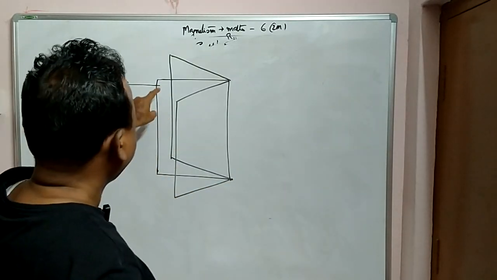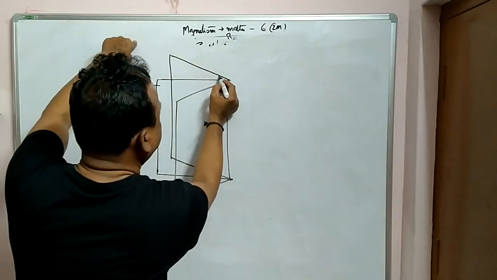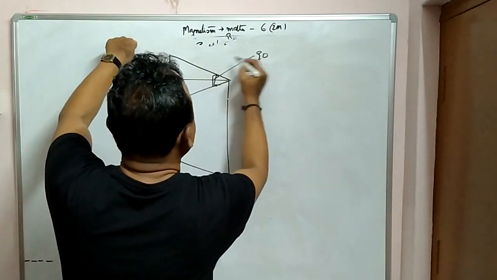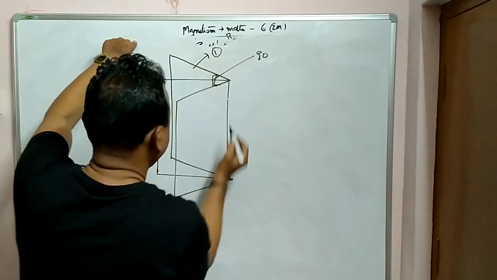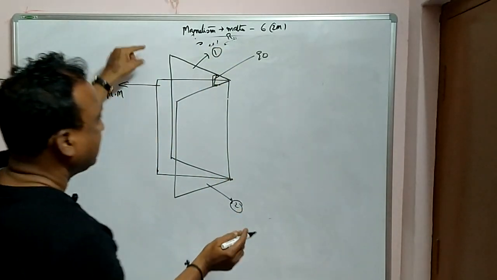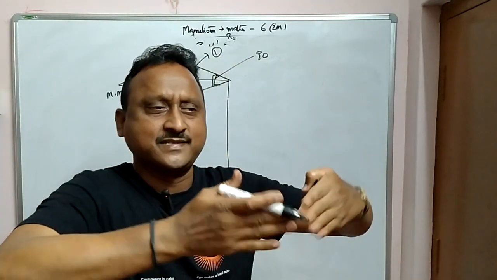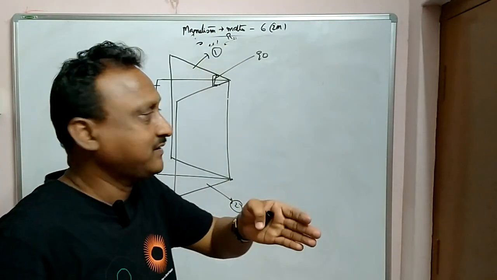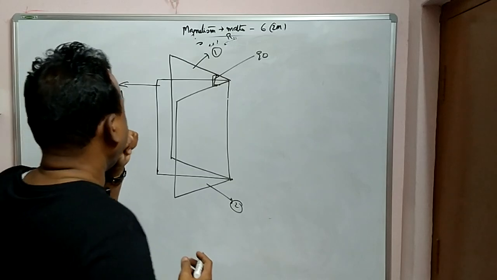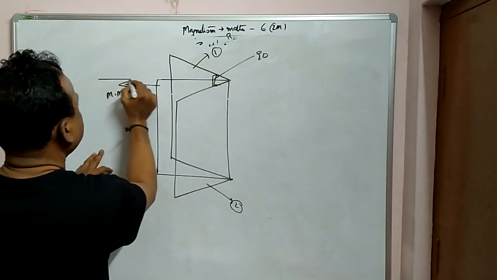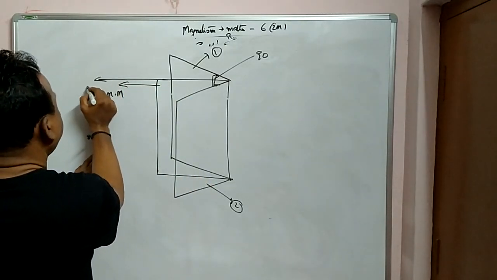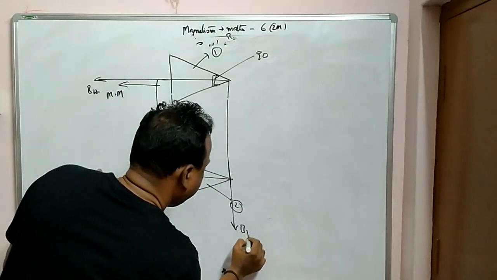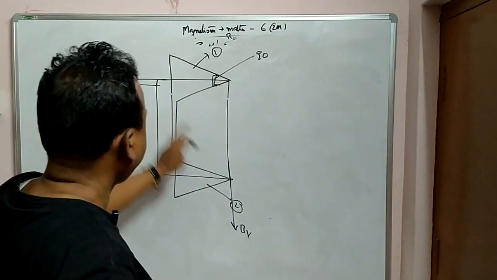You can see these are the two planes making an angle of 90 degrees here. This is plane 1, this is plane 2. Here the question is two separate planes. This is the magnetic meridian, the plane passing through the magnetic axis of the earth. And this is the earth's horizontal field and this is the earth's vertical component, horizontal and vertical.